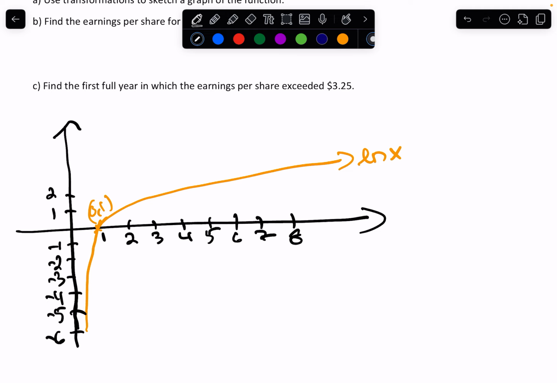So negative 5.3 is going to be right here somewhere. So it's actually going to be this point, because that's the point that is coming down: 1 and negative 5.3.